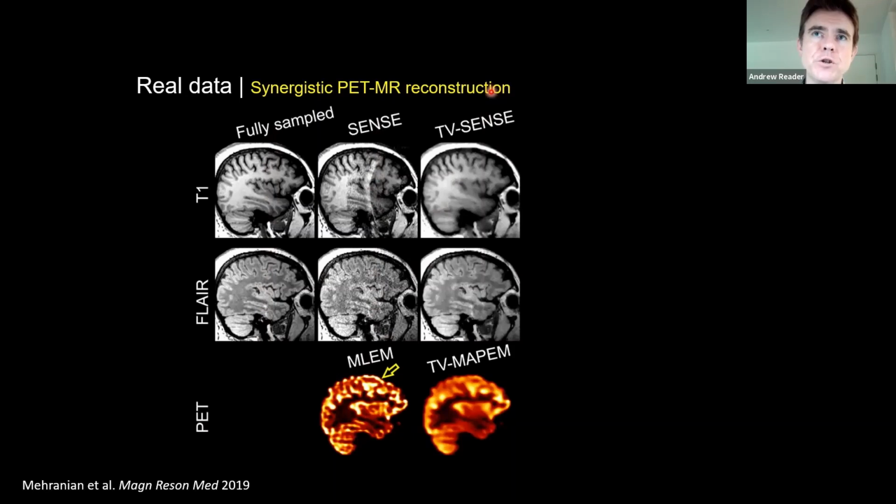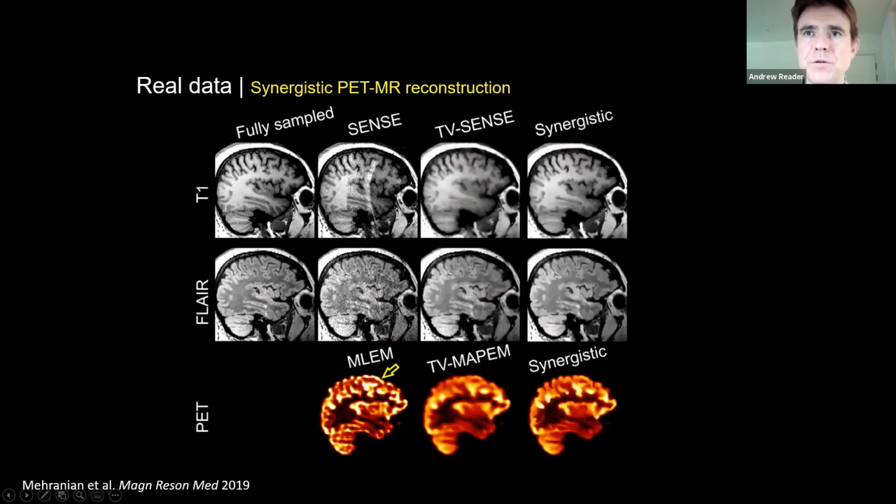Then if we do conventional modality specific regularization, so if we did total variation SENSE for MR, and if we just did MAP-EM with total variation for PET, we might get a result like that. And then if you do that synergistic method that I've just talked about, then you begin to see some benefits.